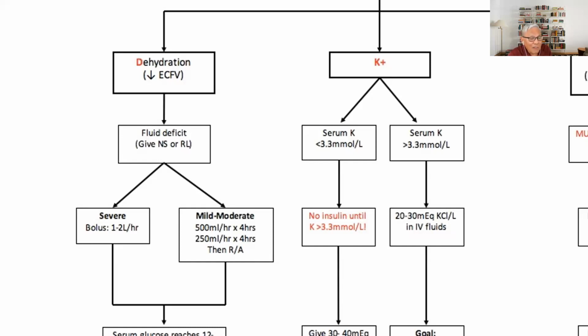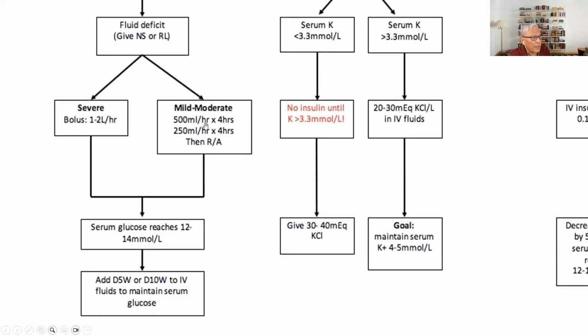The presence of even the mildest dehydration indicates that at least 3 liters of fluid has already been lost, and therefore we need to make sure that we resuscitate this patient with boluses and also with drips, as you could see right over here. You don't need to memorize this, but just understand that the way in which we deal with DKA, or diabetic ketoacidosis, is to correct the dehydration aggressively.